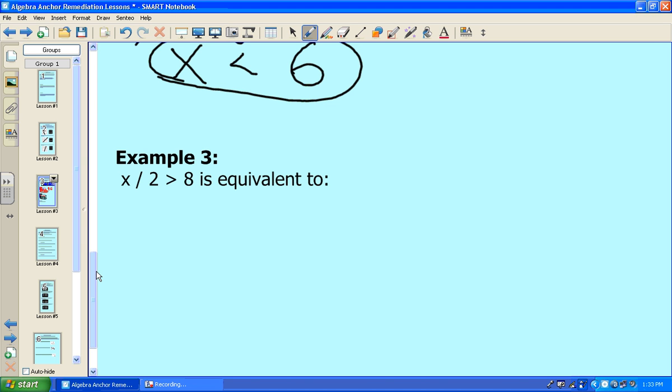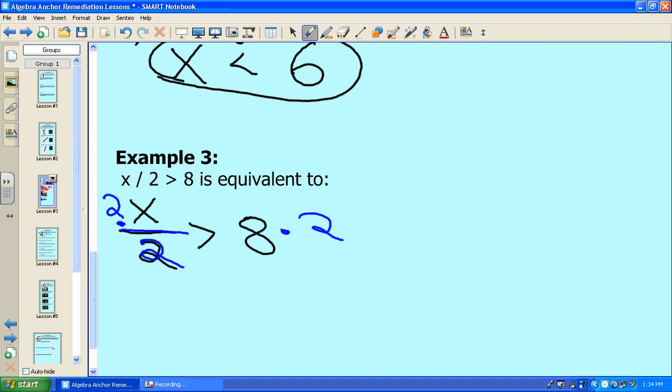All right, example 3. This time we have x divided by 2 is greater than 8. To get the x by itself, you want to get rid of the divide by 2, which is to multiply both sides by 2. Okay? The times 2 and the divide by 2 cancel out on the left side.